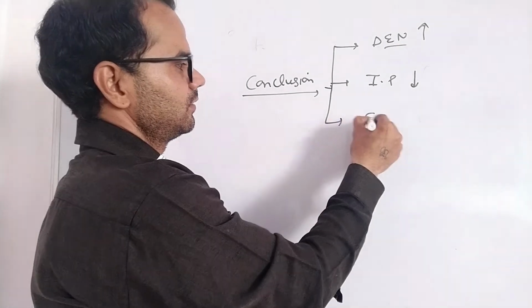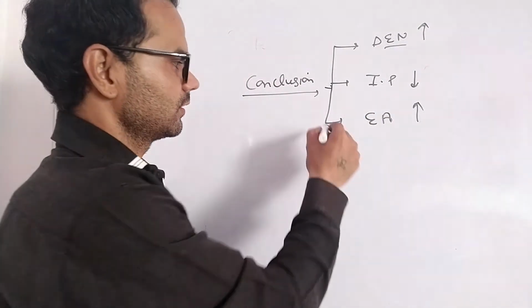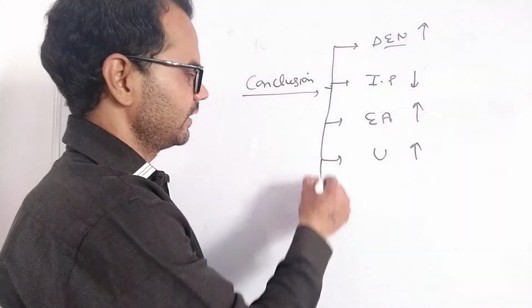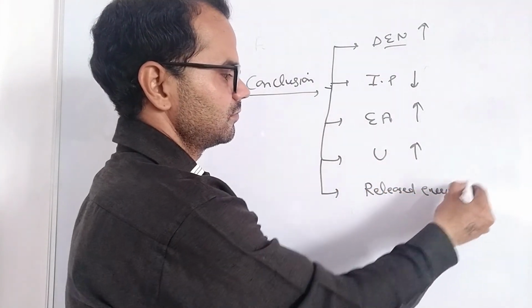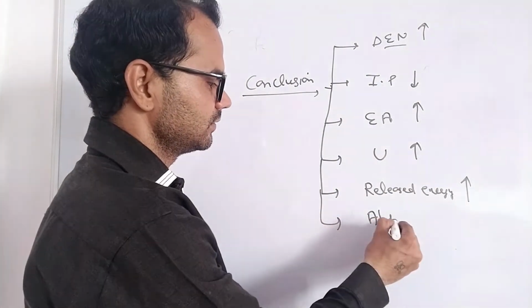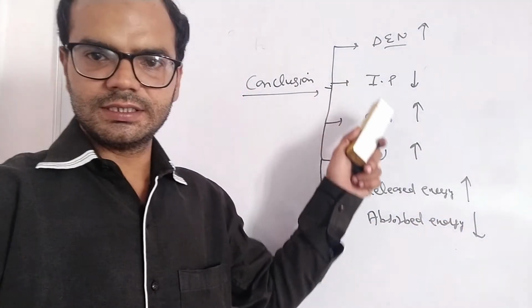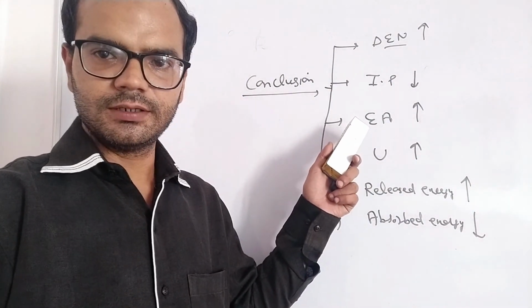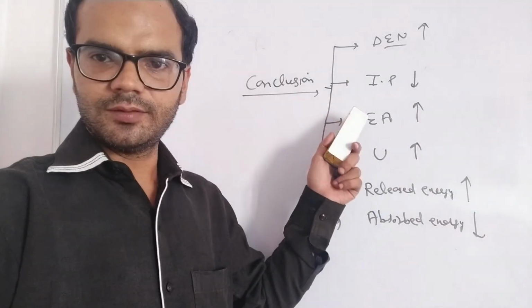Third, electron affinity must be higher. Fourth, lattice energy must be higher. Fifth, we can say released energy must be higher than required or absorbed energy. If all these conditions are satisfied, then an ionic bond is formed. Clear? In the next lecture, we will discuss lattice energy for ionic compounds.